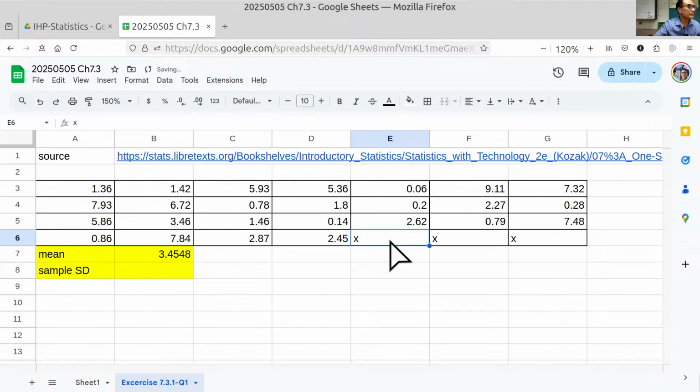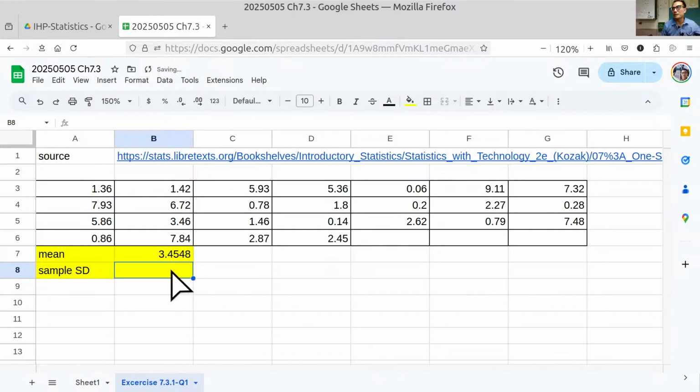Those three are not counted. Okay, no problem.